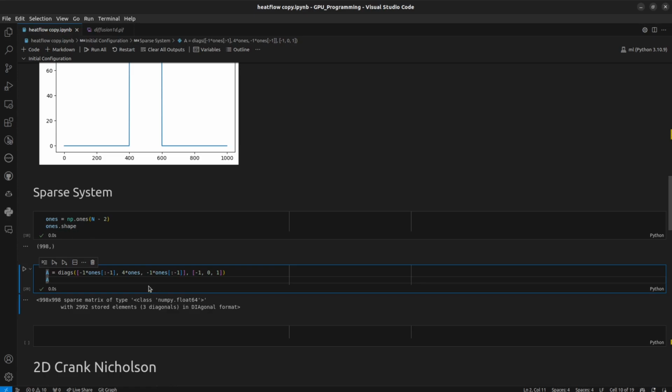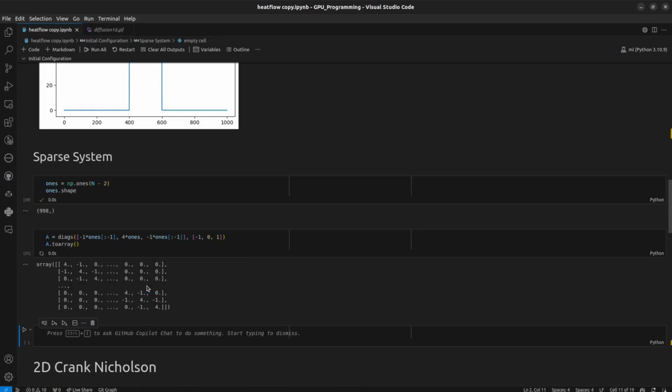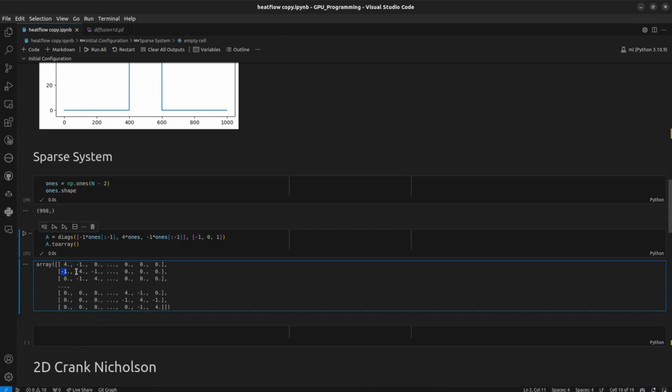So we're going to use a sparse matrix, but we're going to have a look at it, if it looks like we wanted it to. And as you can see, we have exactly this negative 1, 2, negative 1 scheme and zeros elsewhere.